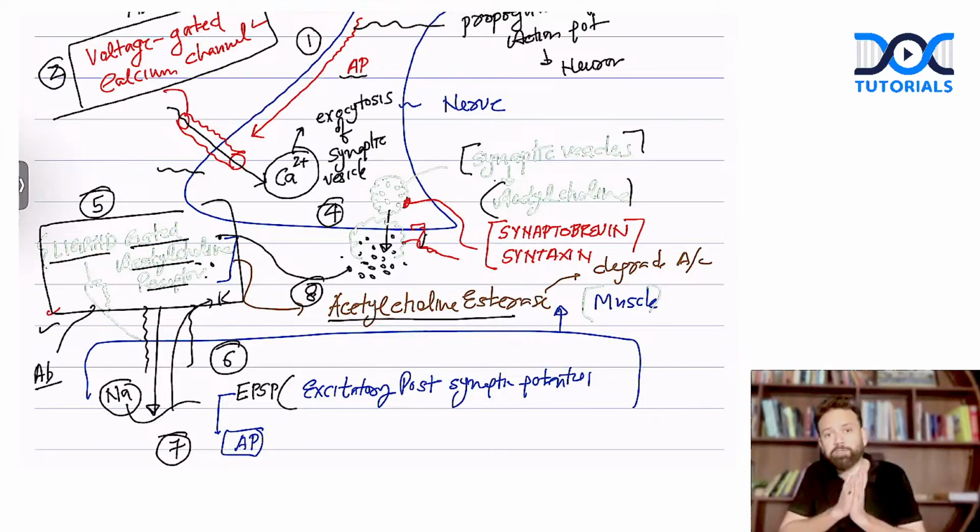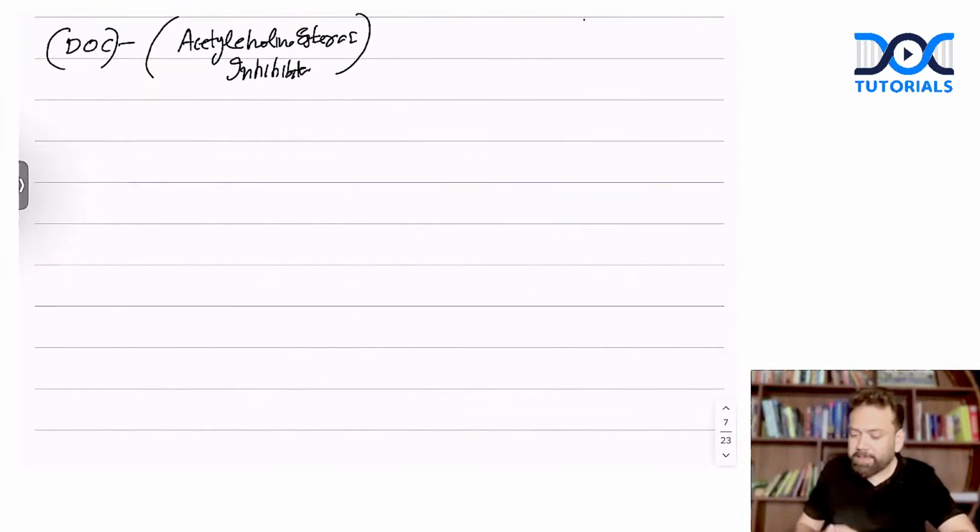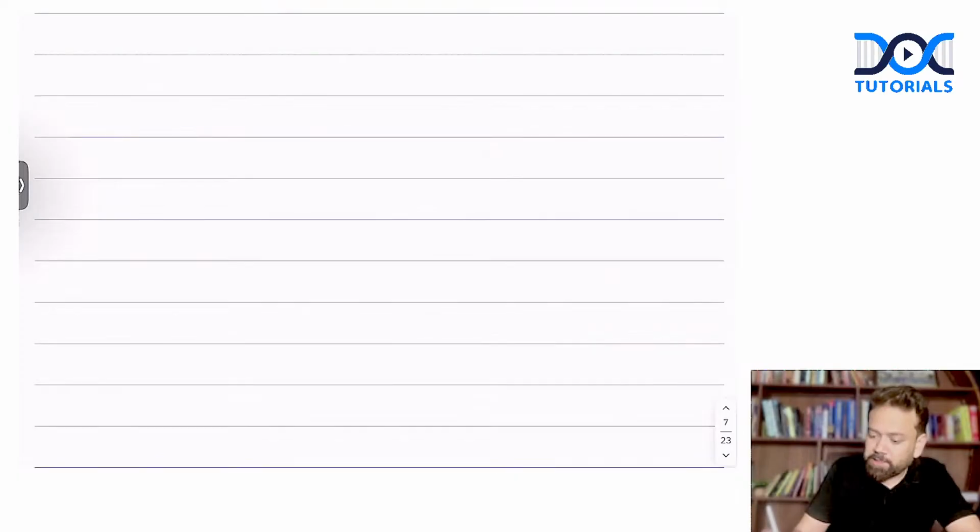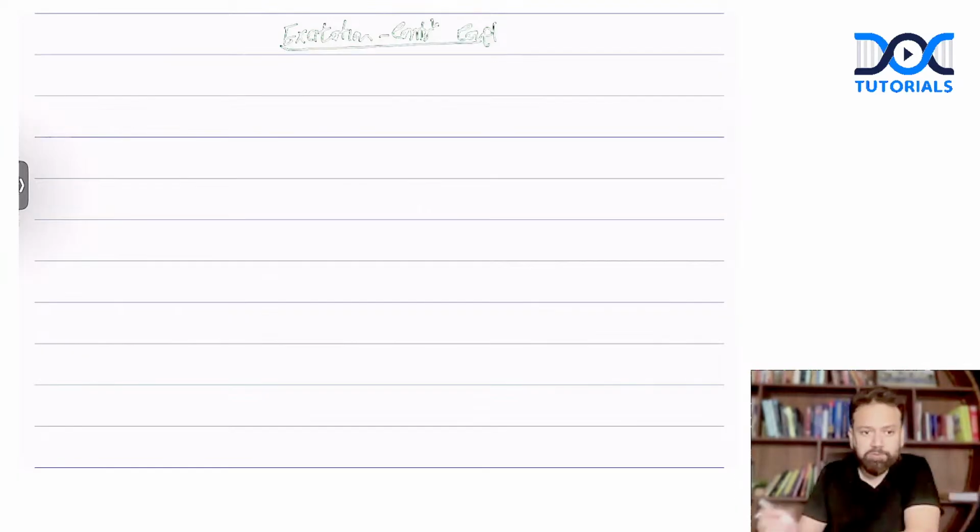So this is about neuromuscular junction transmission. Now, once the action potential reaches the muscle, how does it act in the muscle to cause contraction? That is called excitation contraction coupling. So how are they working actually?